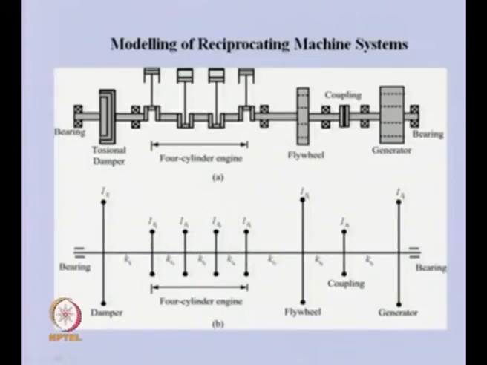You can see that converting the torsional damper or flywheel to a revolving part is much easier, and coupling and generators are easier, but this particular thing we will see how we can do, and we will be using a very approximate, crude method for this conversion of the reciprocating parts to the revolving parts.